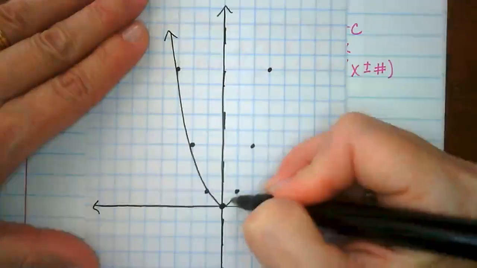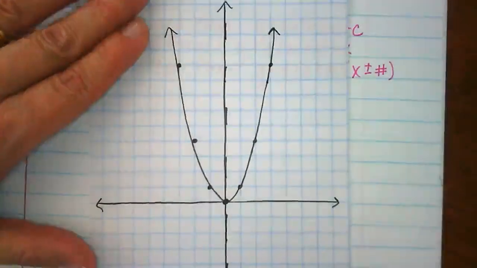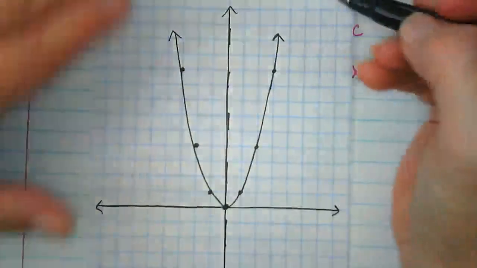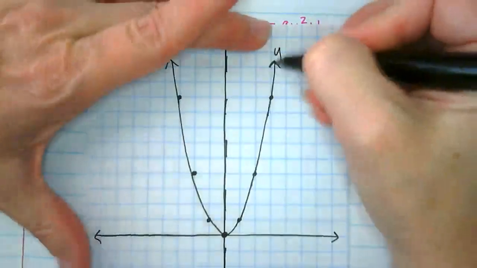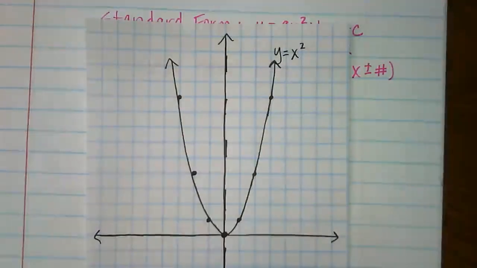So this is what we've learned in a previous video. I did not do a good job on my parabola here, but we'll pretend that it looks pretty good. This is a standard parabola where y equals x squared, so the value of a is just 1. What we're going to do is look at what happens when that value of a is something different.